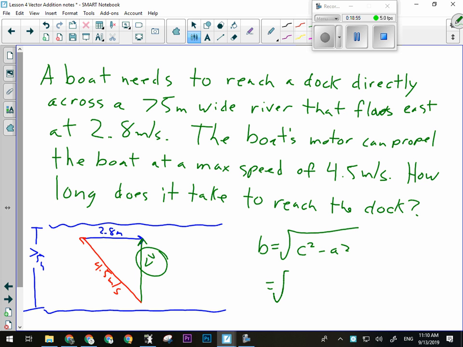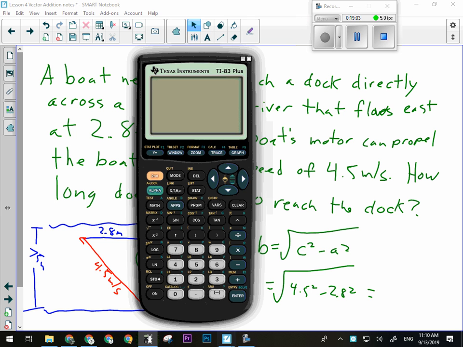So we'll have 4.5 squared minus 2.8 squared, and that will give me what B is. So we end up going straight across the river at 3.5 meters per second.